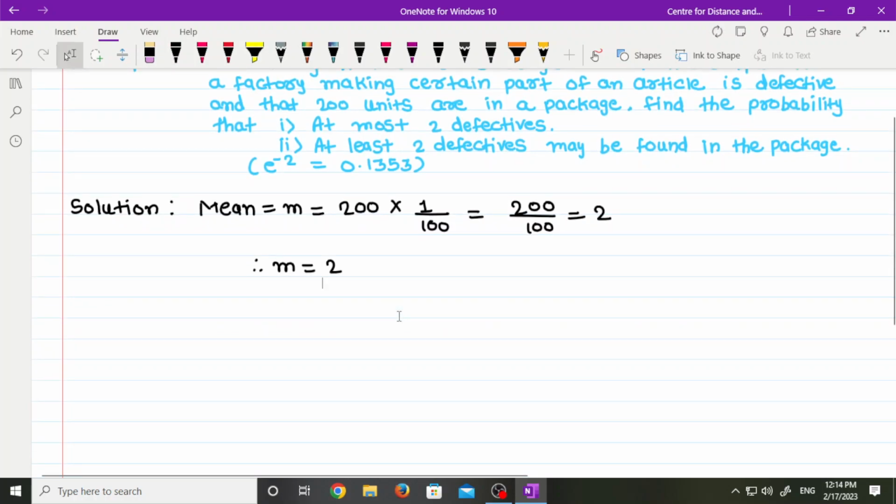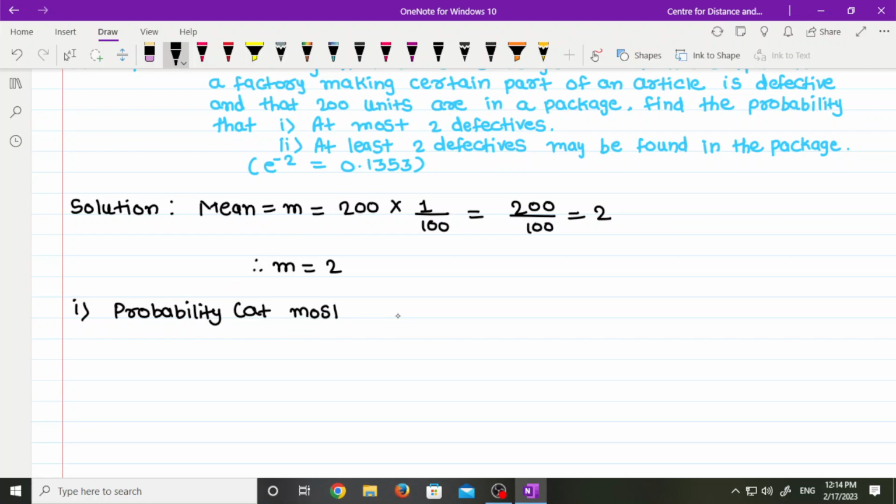Then we first find out probability for at most 2 defectives.